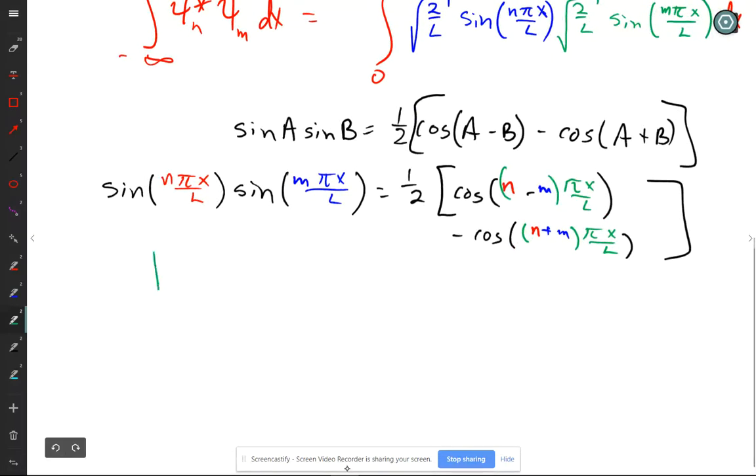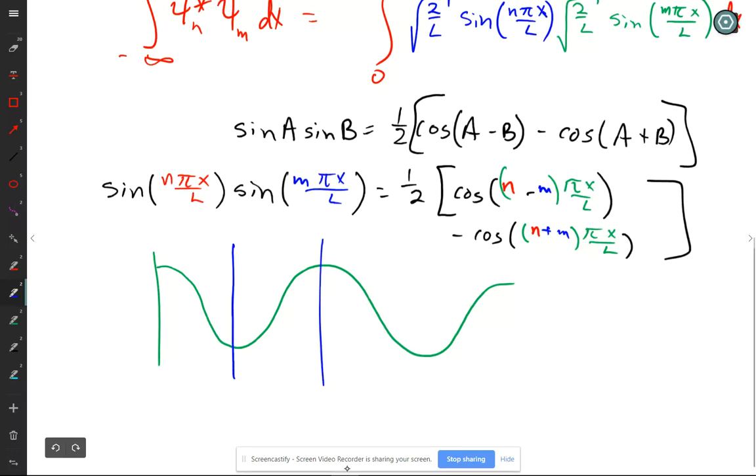I have a cosine wave. So a cosine wave starts at maximum, goes like this. And if n minus m is equal to 1, then we're going from that starting point to half a cycle to here. If it's equal to 2, we're going to here. If it's equal to 3, we're going to there, and so on.